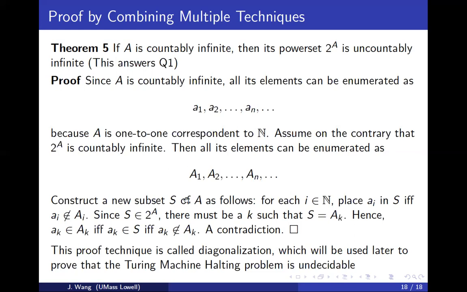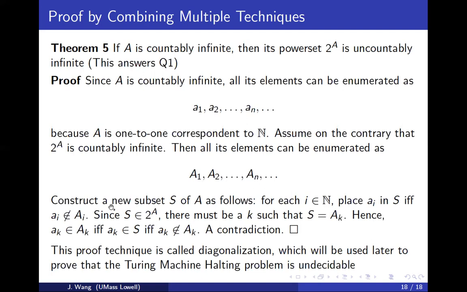Then we are going to construct something that violates this assumption. Because 2 to the A is countably infinite, that means its elements, which are sets, can be enumerated as capital A1, A2, up to AN.